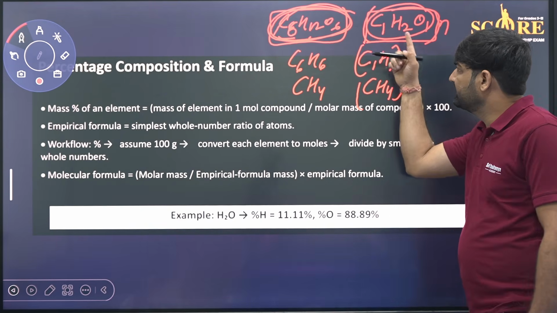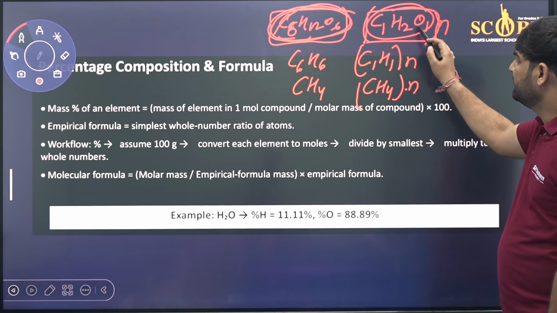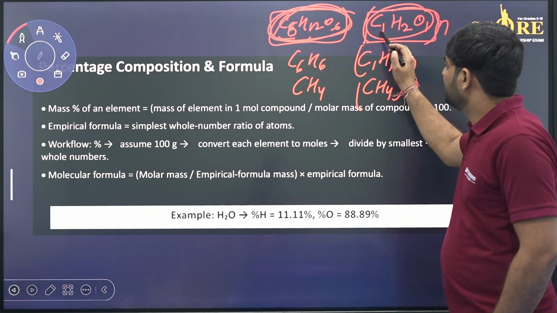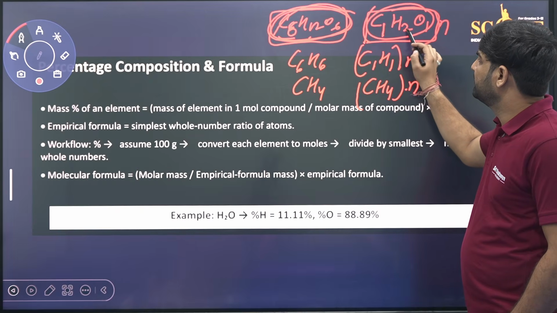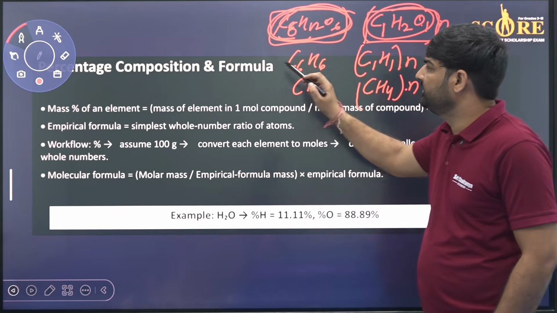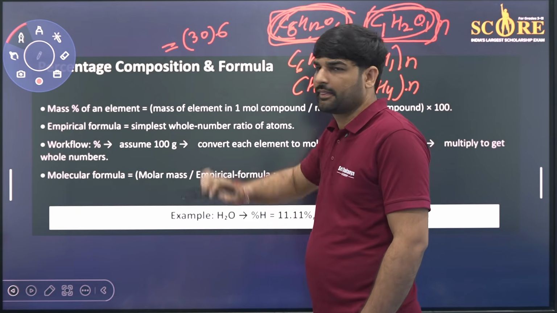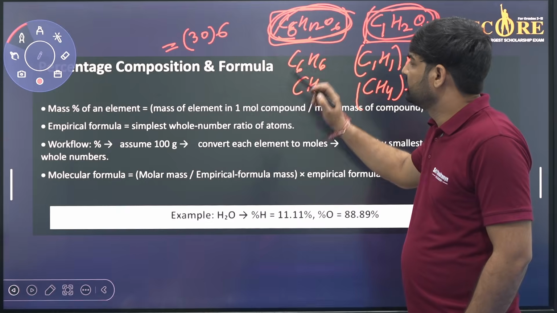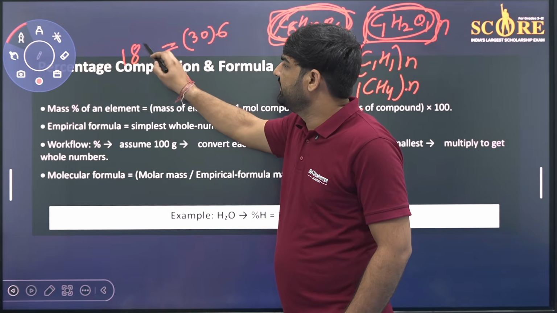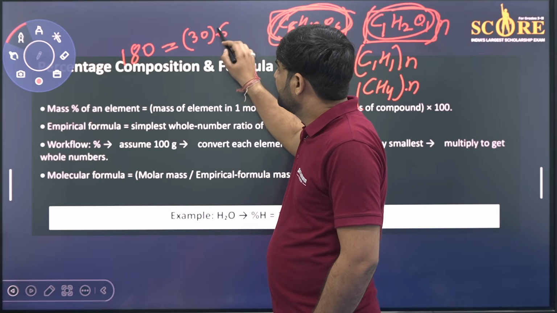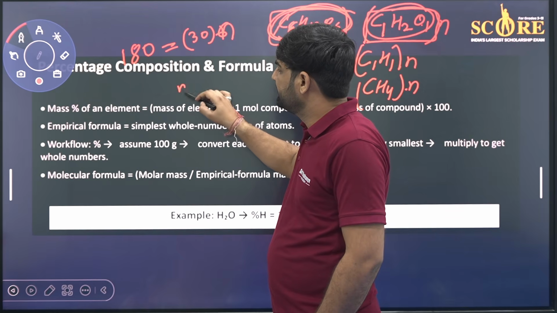Acha, what is the mass of the empirical formula in this example? The mass of this empirical formula, carbon 1, hydrogen 2, oxygen 1, will be 30. Multiply by 6. And for glucose the molar mass is 180, then you can write this is N, so N will be 6.